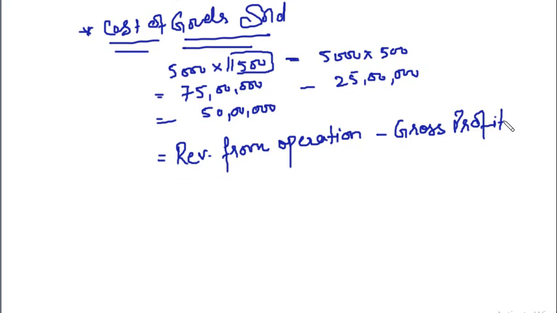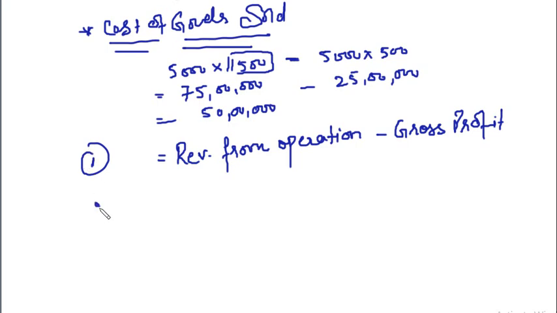Are you getting my point? So how to calculate cost of goods sold? One way of calculating it is revenue from operations minus the gross profit element in that revenue. If we remove the profit part, you get the cost of goods sold.